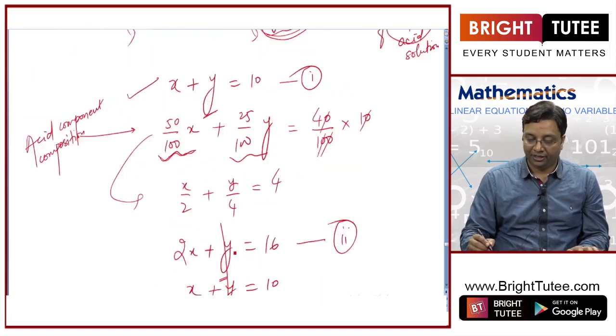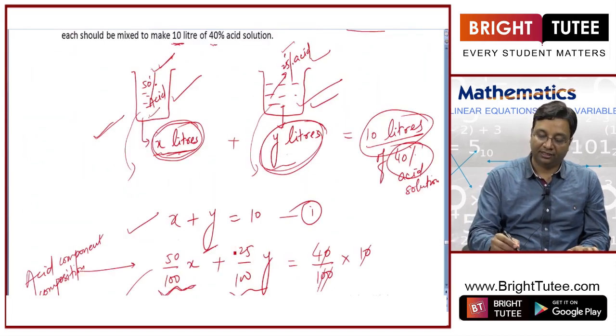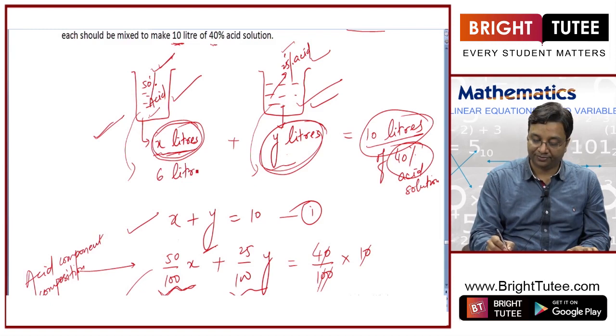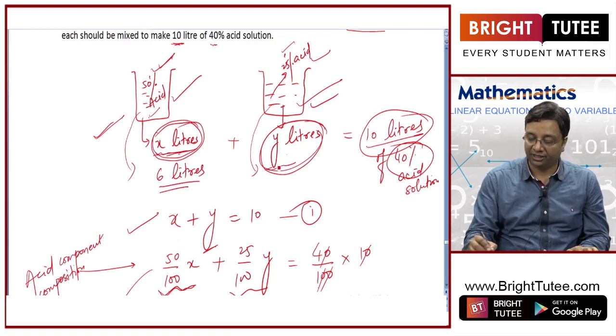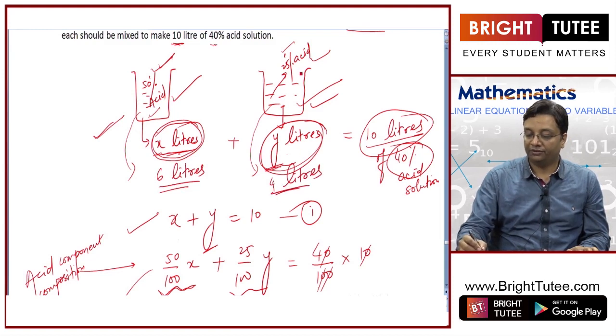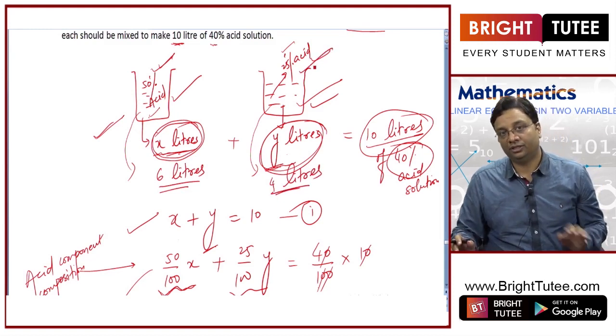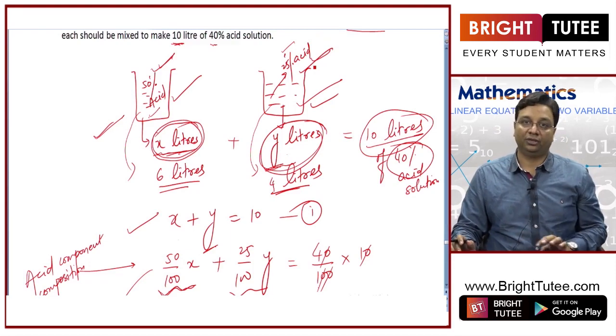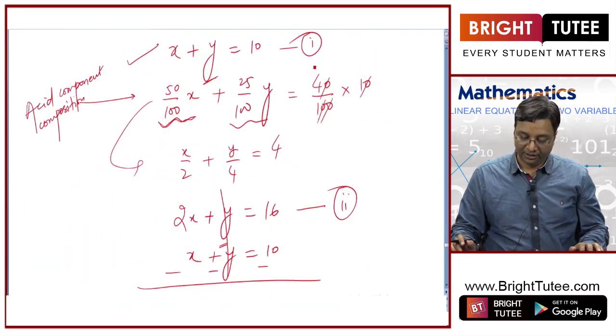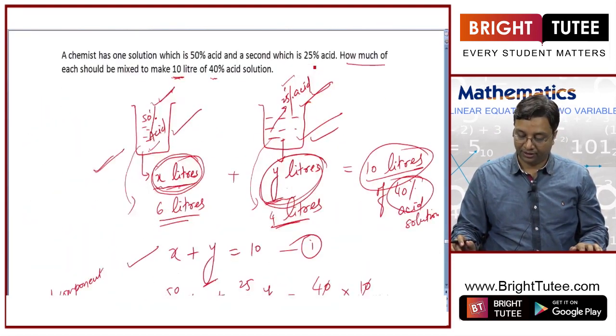So by subtracting, 2x minus x is x, and 16 minus 10 is 6. So x, that means 50% acid solution should be taken 6 liters, and obviously y is 4 liters. So 25% acid solution is to be taken 4 liters in quantity, okay, right.